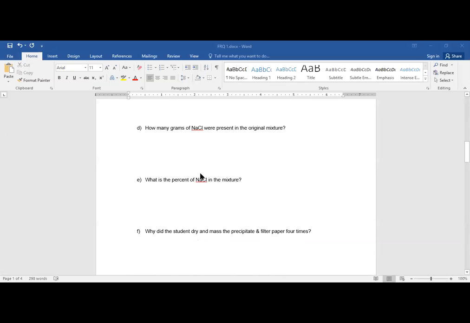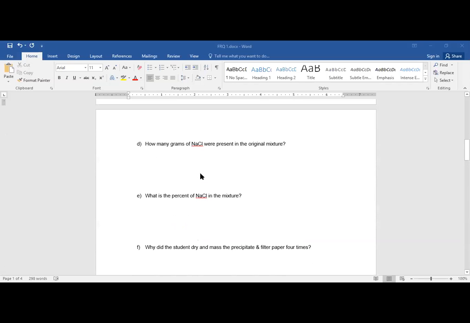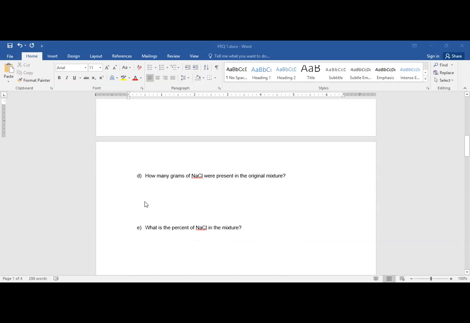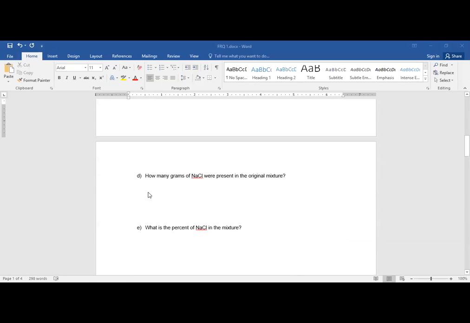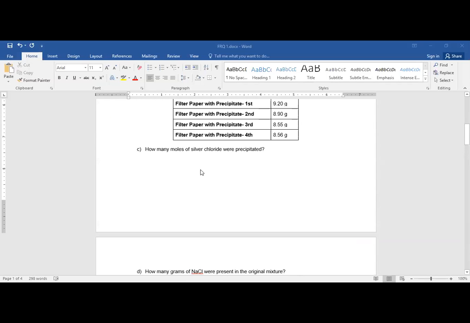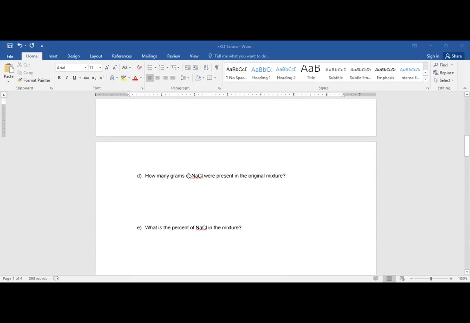D, how many grams of sodium chloride were in the original mixture? So here's what we know. According to our work in letter B, the equation is 1 mole to 1 mole to 1 mole to 1 mole. So if we produced 0.0513 moles of silver chloride, we started with 0.0513 moles of sodium chloride.